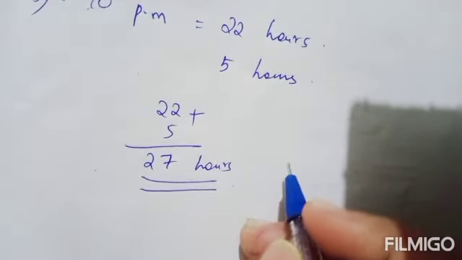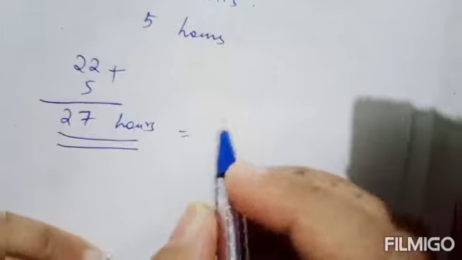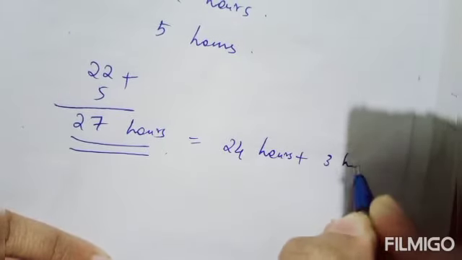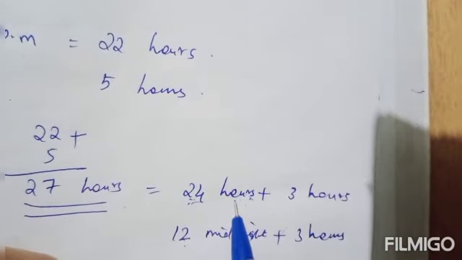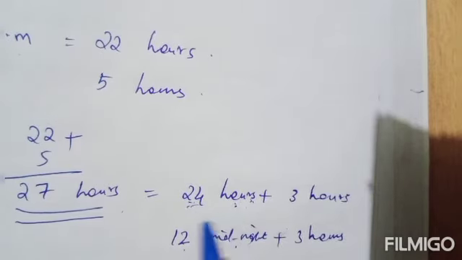But 1 day means it is 24 hours. So you can split this as 24 hours plus 3 hours. Now this 24 hours you can convert to 12-hour clock time. 24 minus 12 you will get 12, but it will be 12 midnight.